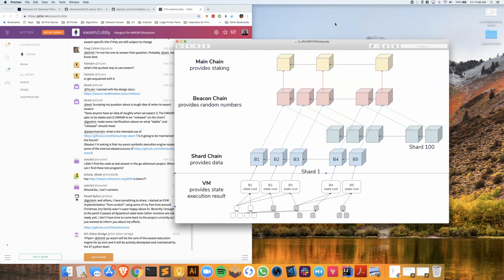R3 on Corda are actually putting effort into a deterministic JVM. So they're built on top of the JVM, but are making efforts on getting to a subset of that which is deterministic. That's interesting. Then you've got incremental improvements on the EVM.